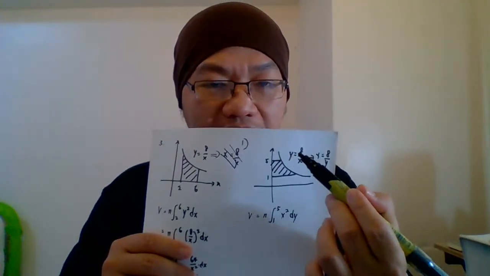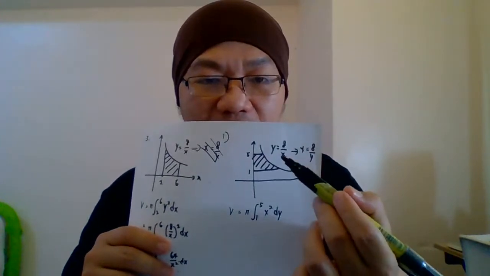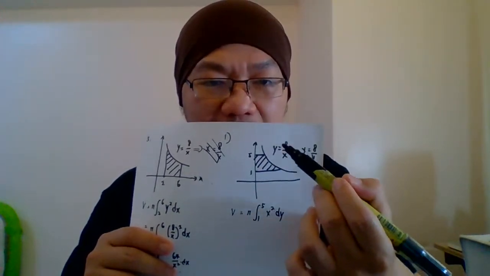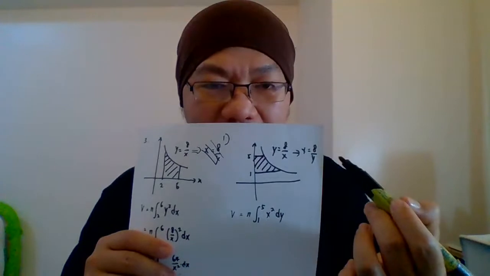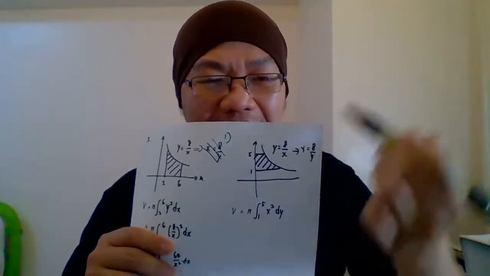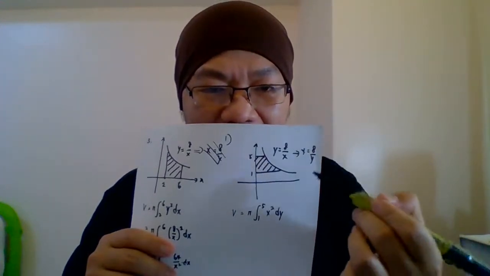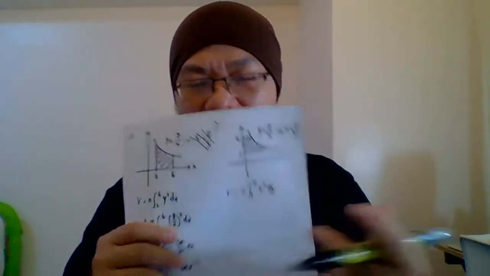So now y equals 8 over x. I want x to become the subject by moving x to the top here, so it becomes xy equals 8. Then we move y to the right side so that it becomes x equals 8 over y. Now x has become the subject. Cut and paste this and put it here. So you're supposed to get 8 over y squared dy.